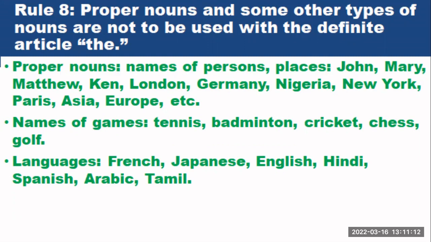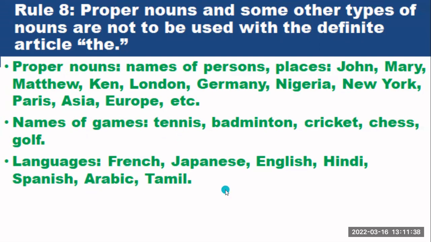You cannot talk about the John or the Mary, no. You don't need to talk about the tennis, the cricket, the golf, no. You don't need to talk about the French, the Japanese, the English, no. So you don't use the definite articles with these types of nouns.